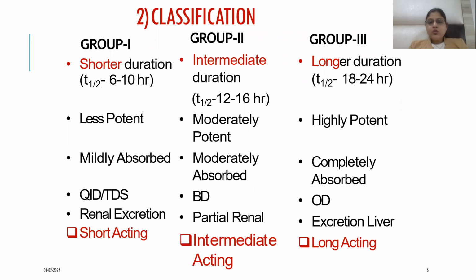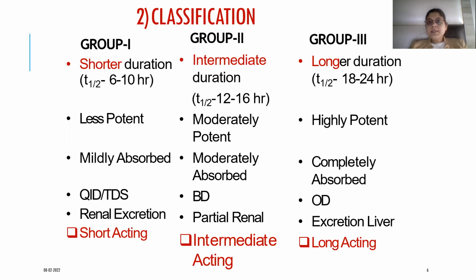Short-acting have a short duration of action, 6 to 10 hours. These are less potent and mildly absorbed, and as they are short-acting, they are given 4 times or 3 times a day. They are excreted through the kidneys.